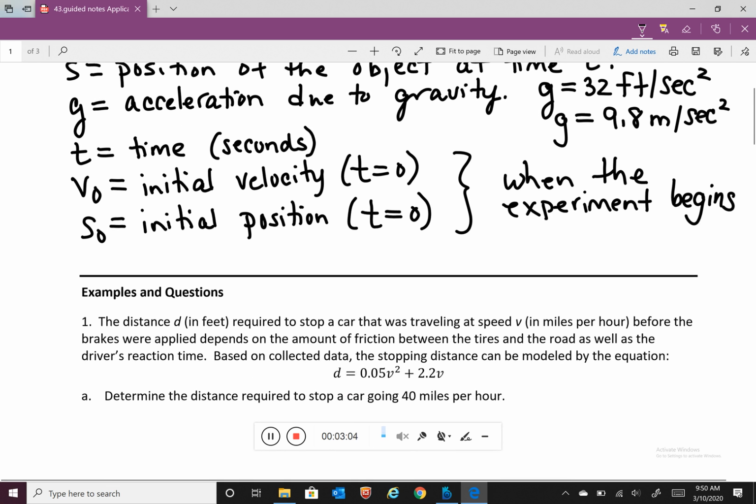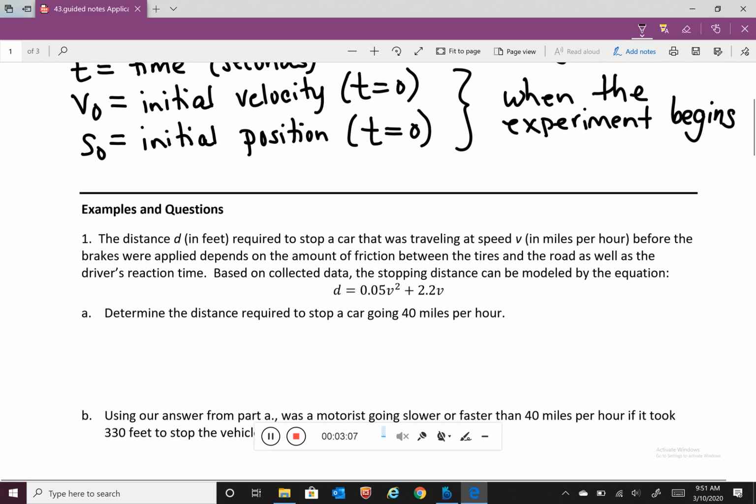So for our first example, the distance d in feet required to stop a car that was traveling at speed v, so that's our variable, in miles per hour, before the brakes were applied, depends on the amount of friction between the tires and the road, as well as the driver's reaction time.